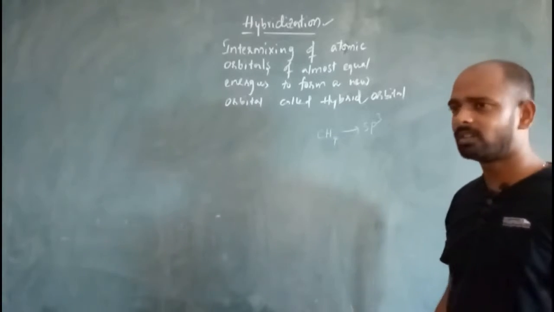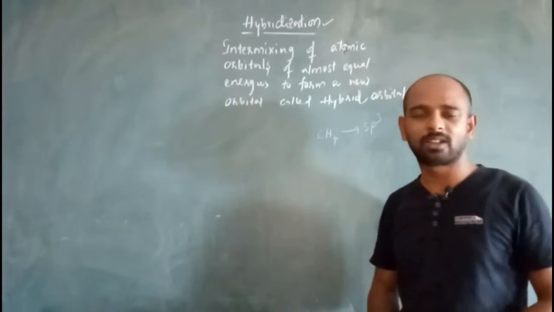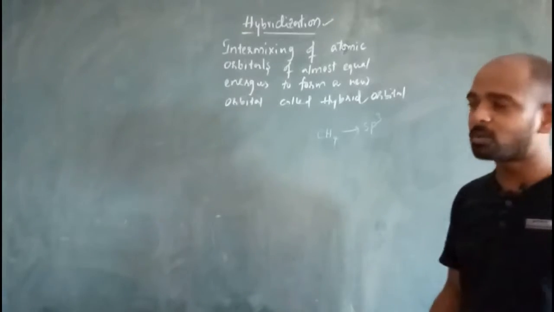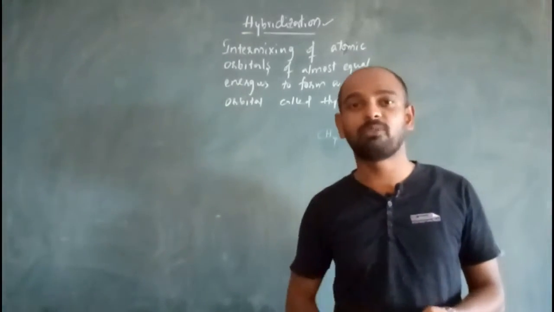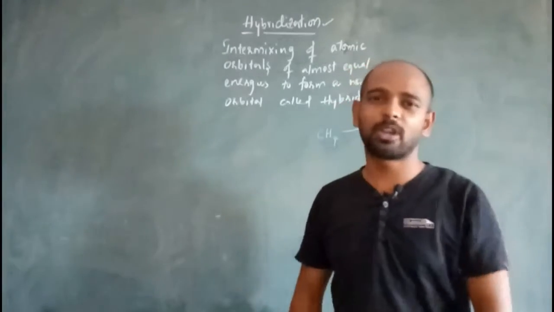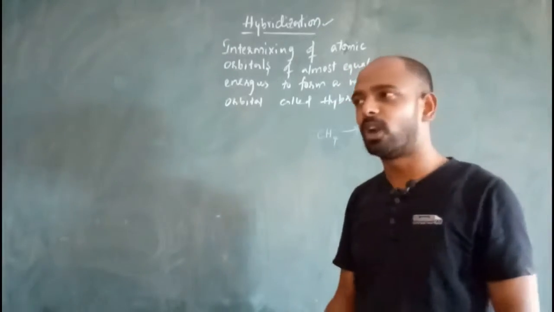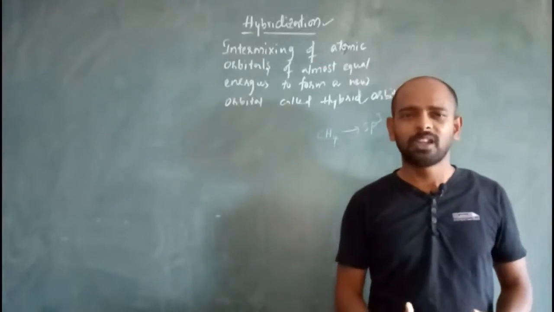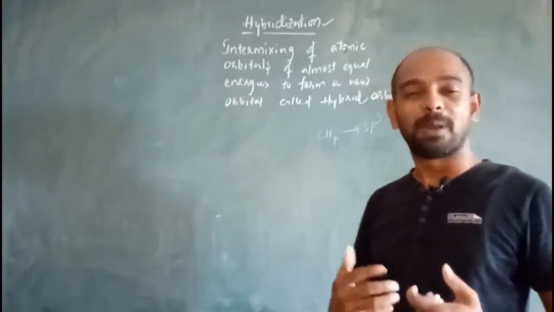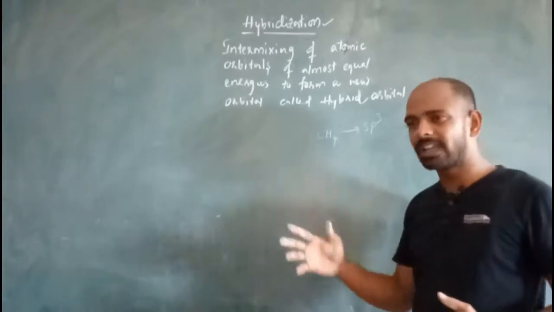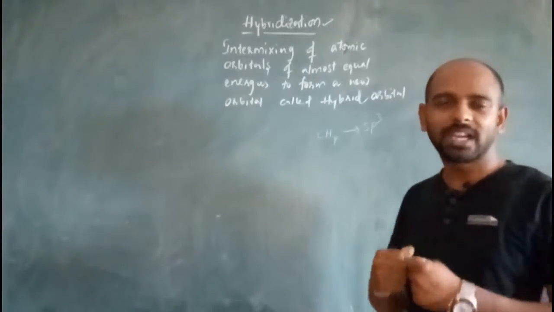Say carbon has 4 outermost electrons, which are in 2s, 2px, 2py, 2pz. All these atomic orbitals mix together to form a tetrahedral shape. So you have memorized this particular topic in a very tough manner.